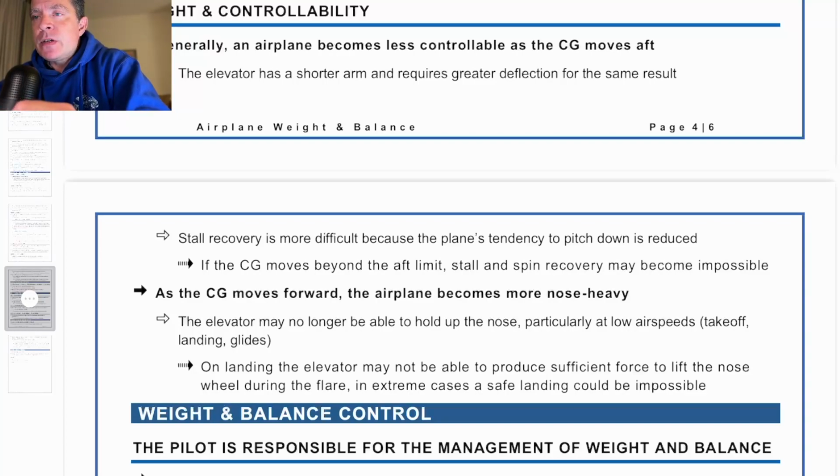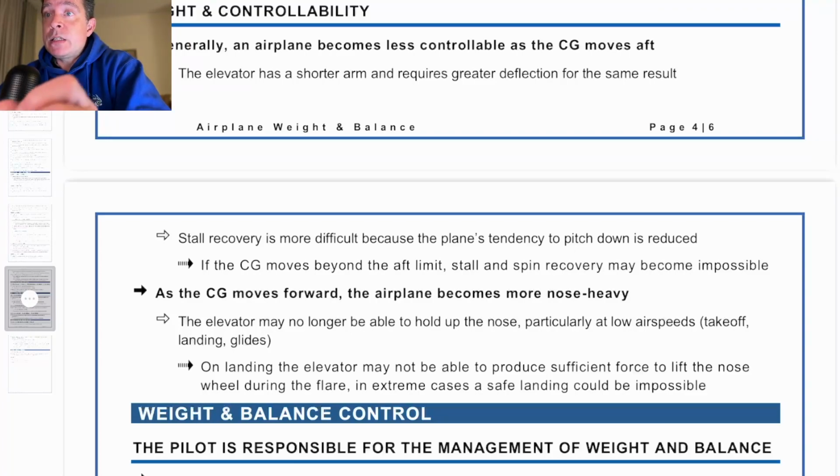If the center of gravity moves beyond the aft limit, stall and spin recovery may become impossible. As the center of gravity moves forward, the airplane becomes more nose heavy. The elevator may no longer be able to hold up the nose, particularly at low airspeeds, takeoff and landing glides.